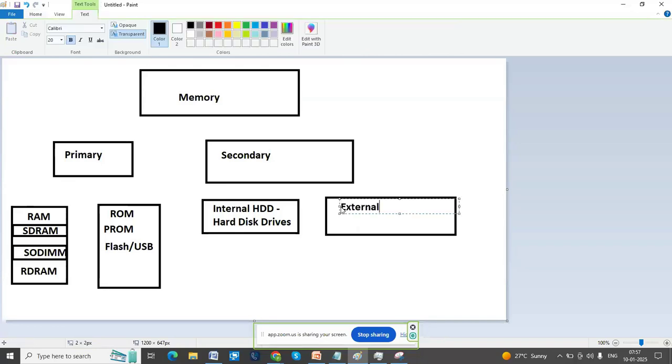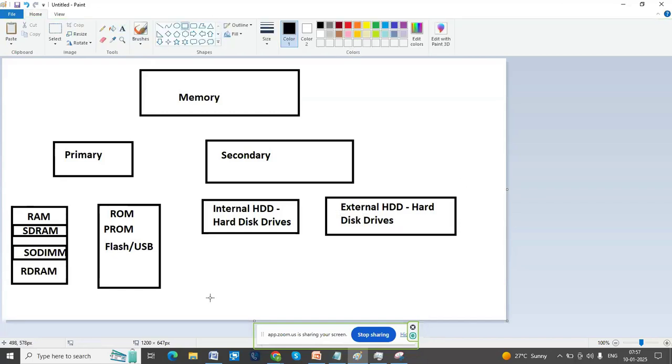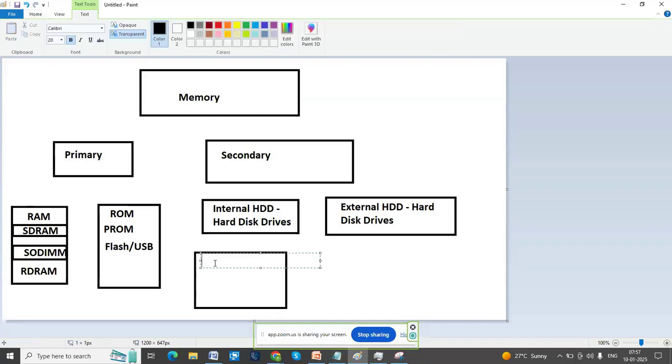Suppose you are not finding time to note down, just write down the notes whenever I am typing along with that. Again, internal hard disk drives are fixed ones. Nowadays we use 3 different types. One is the IDE hard disk.